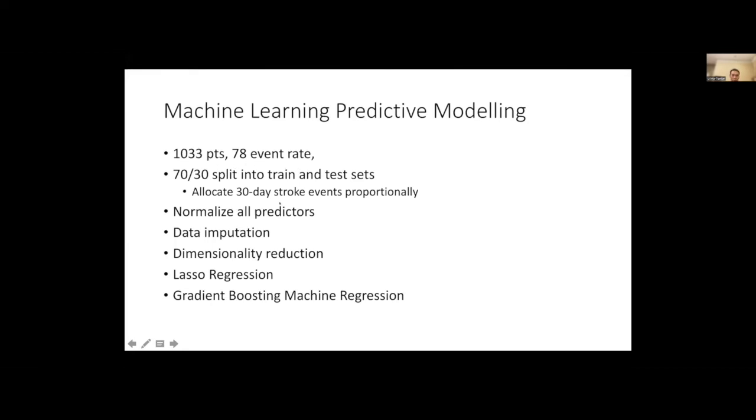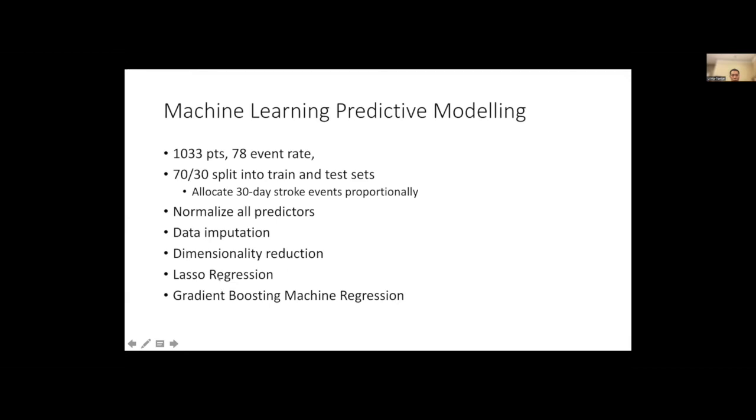These groups are then split into the training set and the testing set with a 70-30 split, in order to allocate the 30-day stroke risk proportionately in both groups. With the very clever computer system, they were able to normalize the predictors and do data imputation and dimensionality reduction. These are all very clever stuff, and I was reassured by the statistician that these are all valid methods.